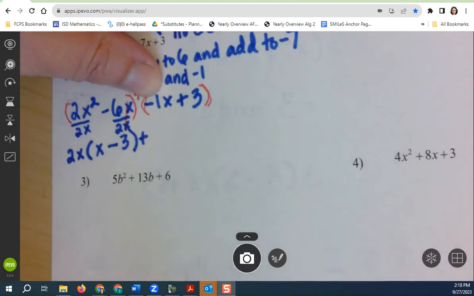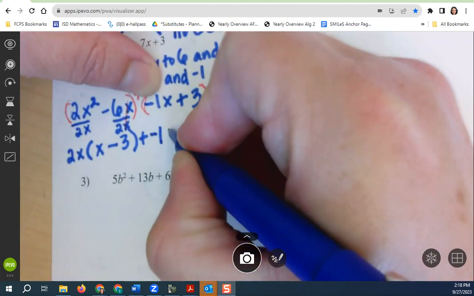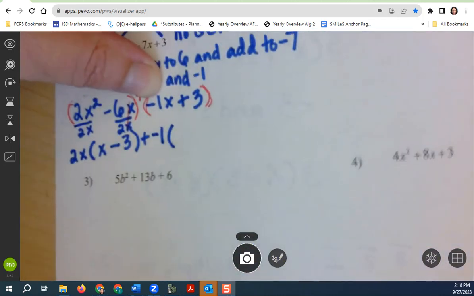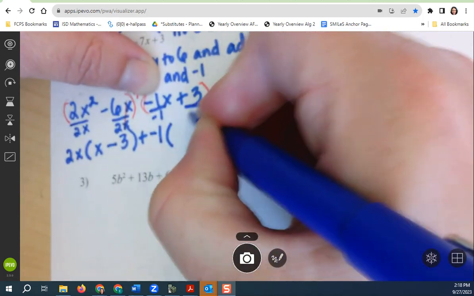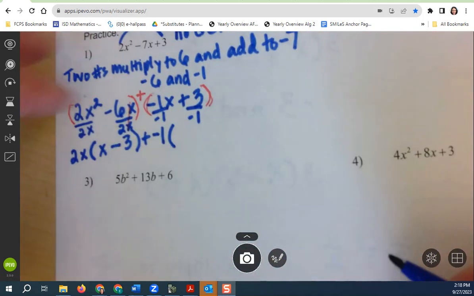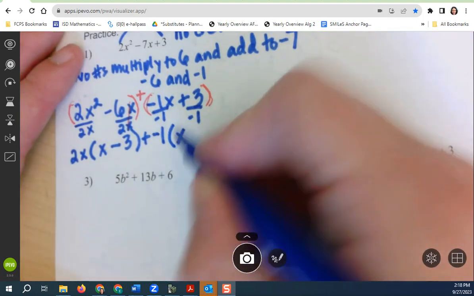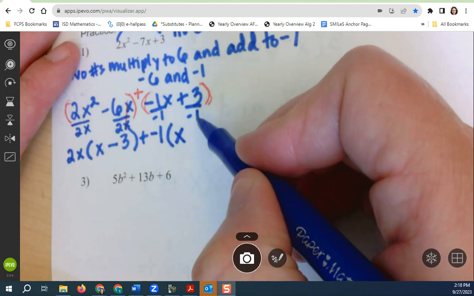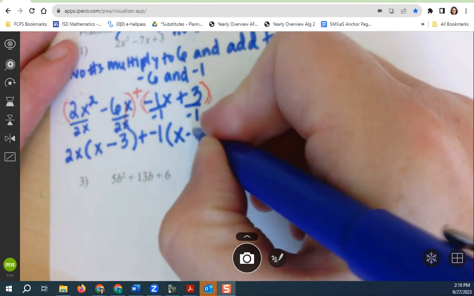If the number in front of the x is negative, you're going to take a negative out. So I'm going to divide by -1. And normally we wouldn't bother with that, but when you're factoring by grouping, you have to take something out. So I'm going to factor out that -1. And that's going to give me x. And then 3 divided by -1 is what? -3. Thanks, Robbie.